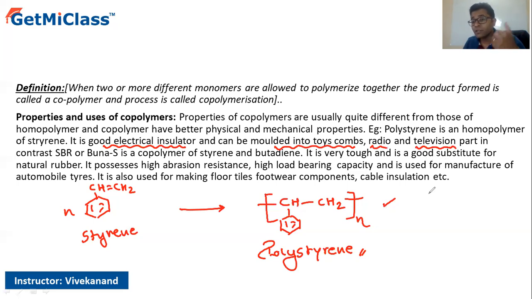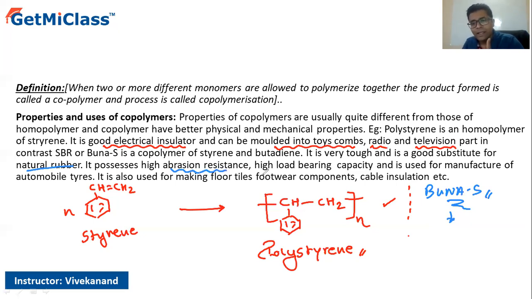While when you observe the Buna-N, which we have already seen in the previous slide, sorry, the Buna-S, this Buna-S is actually a very good substitute for natural rubber. As a result, this Buna-S has very good abrasion resistance.